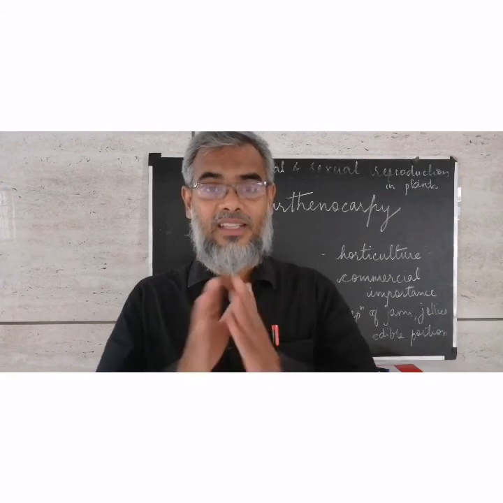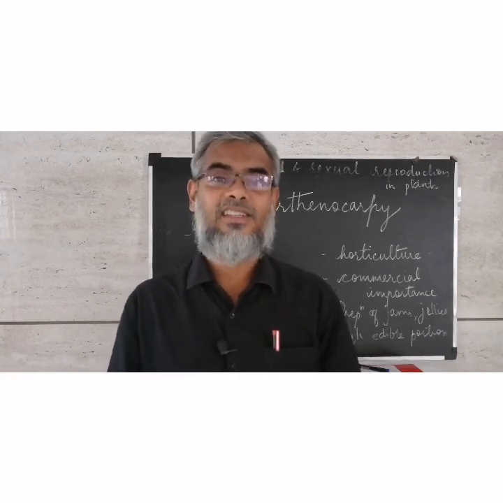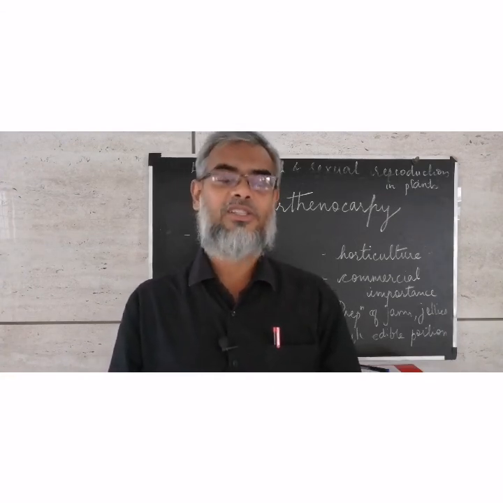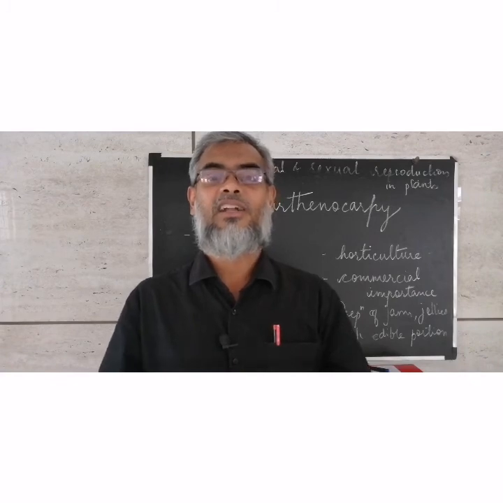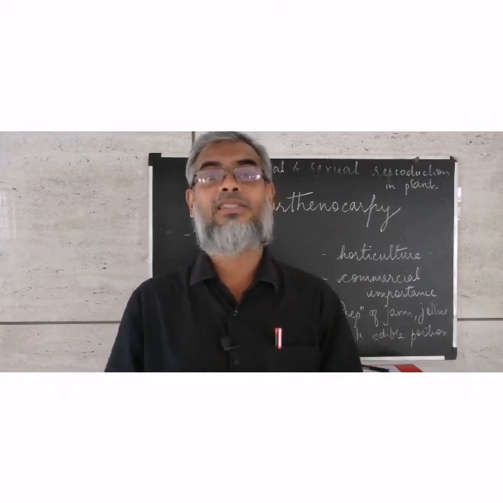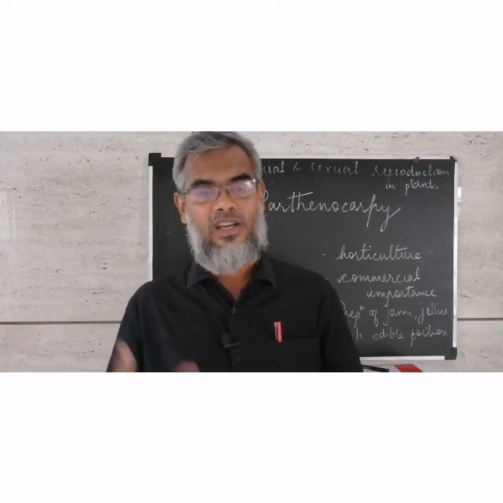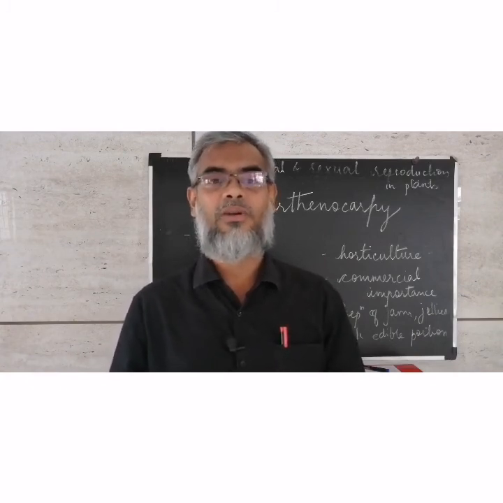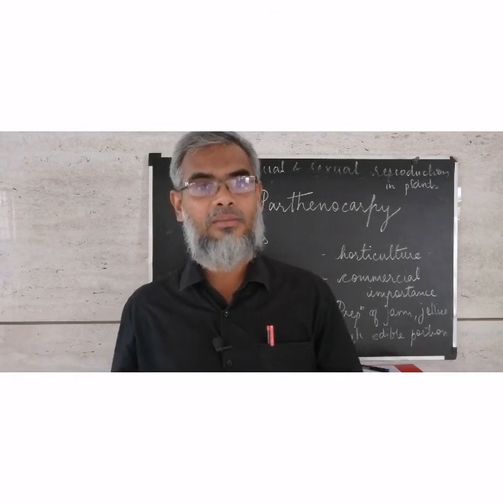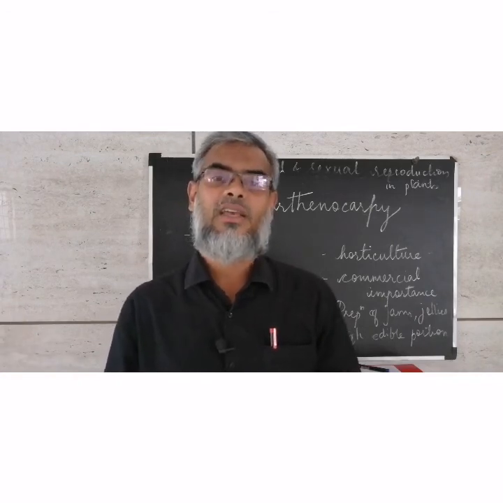My dear students, by this we have completed the first lesson, asexual and sexual reproduction in plants. We covered so many topics. In asexual reproduction, we discussed vegetative reproduction and many modern and conventional methods.